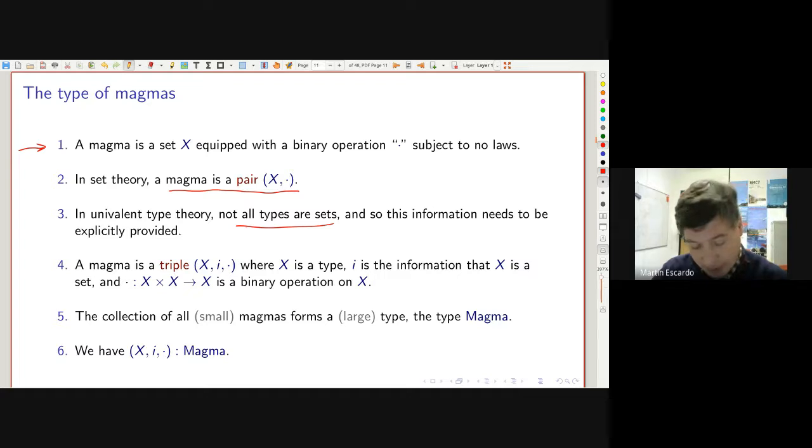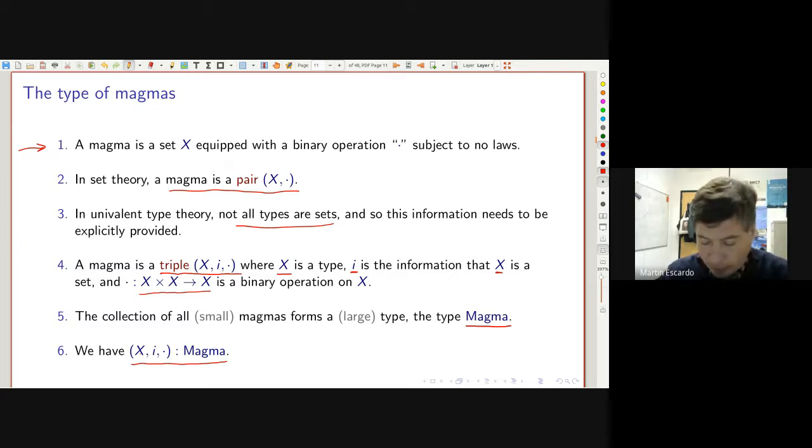So now the magma is going to be a triple. It's going to be the type again, the information that we require that this type is a set, and the binary operation. We collect all these triples in a single type, and I'm going to call it Magma. So for example, we're going to write that this triple here is in the type Magma.